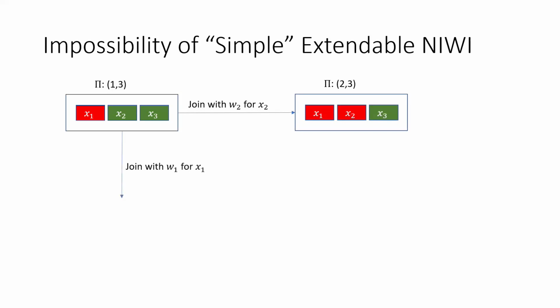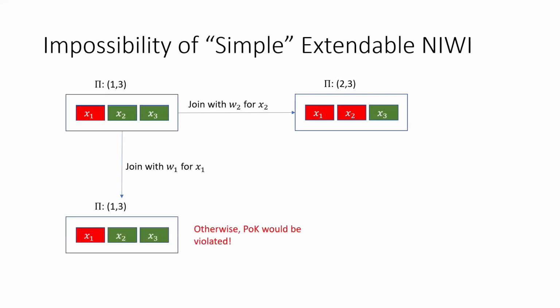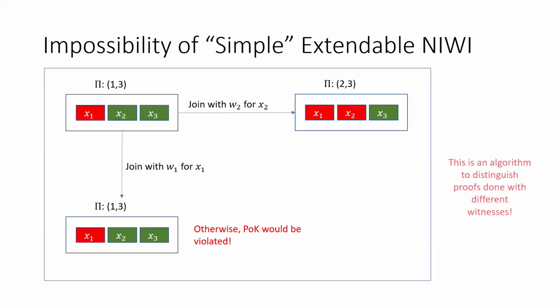But what happens if you run a join operation on the first proof, but using again a witness for x1? You would get a 1 out of 3 proof again, or this should fail, because otherwise you don't have any soundness proof of knowledge guarantee. So basically what I've shown is an algorithm to distinguish what witness was used in the proofs. So this will not be witness indistinguishable.